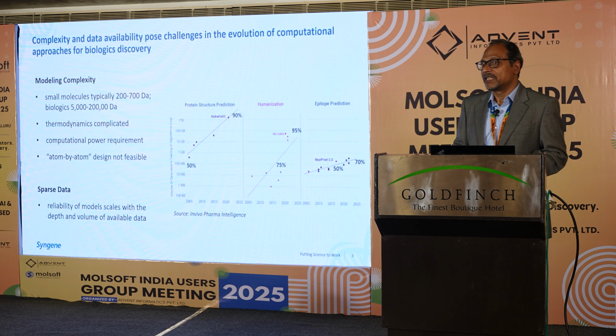But you go to something like antibody humanization, data has been slow to grow, and look at the size of the data. We are just about to hit 95% or higher accuracies now because the data has grown. Whereas epitope prediction, which is key to do a structure-guided screen, for example, we are still around, let's say, around 70%, mainly because you just don't have enough data.